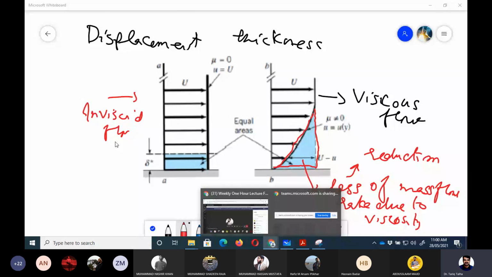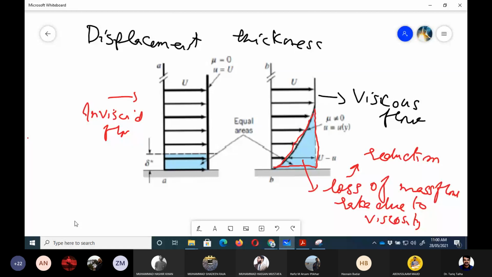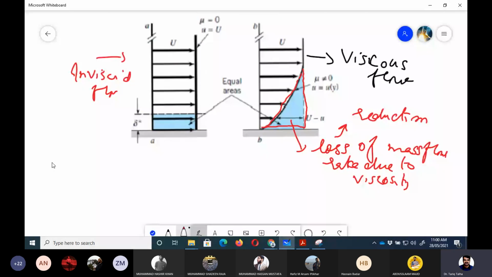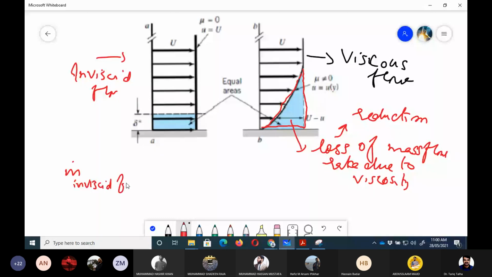So we can write here that the mass flow rate of inviscid flow is greater than the mass flow rate of viscous flow. As we have discussed, because the velocity in the viscous region is less than the velocity in the inviscid region, the mass flow rate would be less. So now we define a parameter which is called displacement thickness.